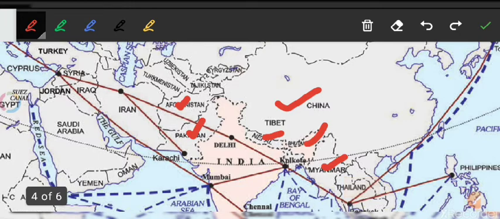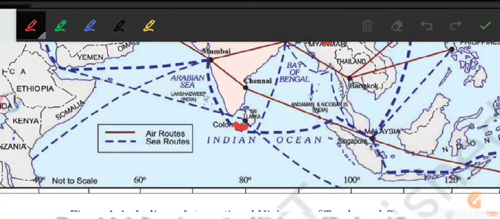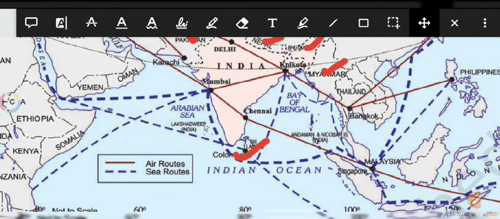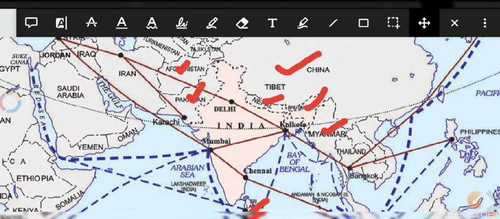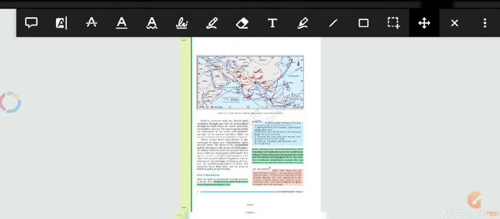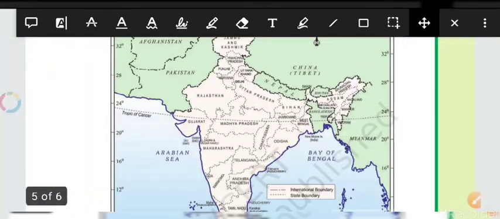Thailand is not connected to India. And on the other hand, there is Sri Lanka. So these are all the nations which share their boundaries with India.